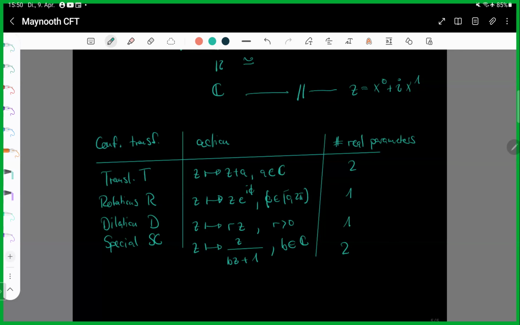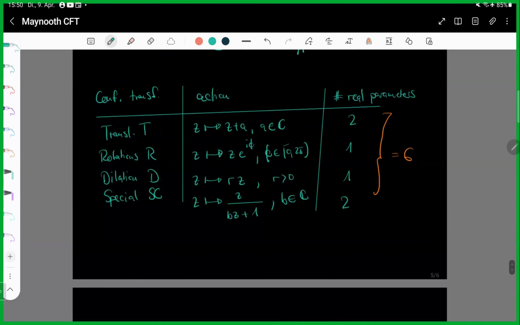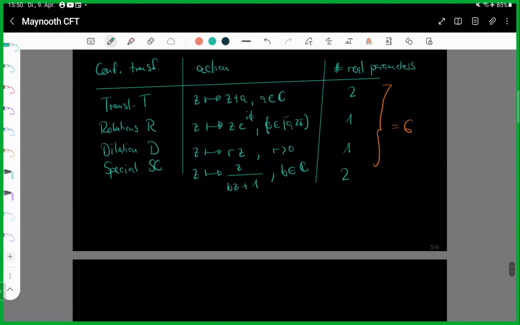So in total, we have 6 degrees of freedom. And that is indeed the dimensionality of SO(2,2) or SO(1,3). So that's good. That's sort of what we would have expected. And it actually pays off.